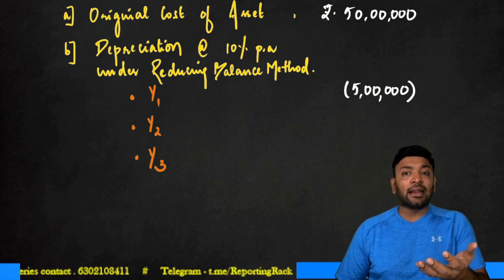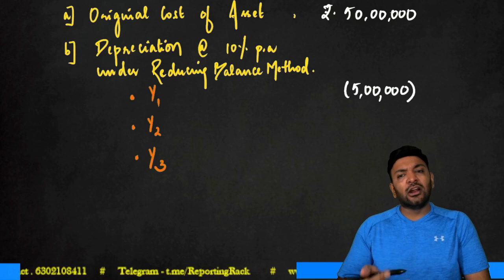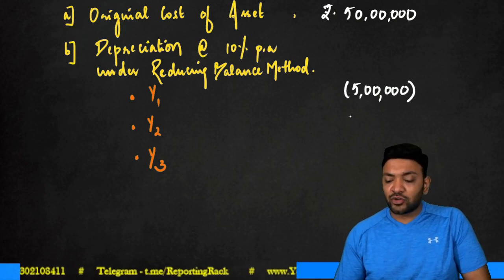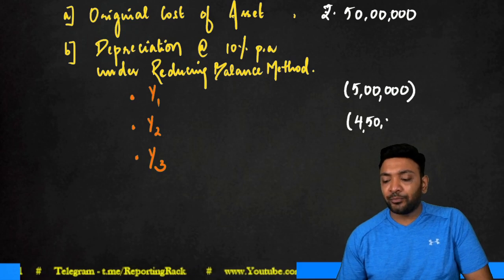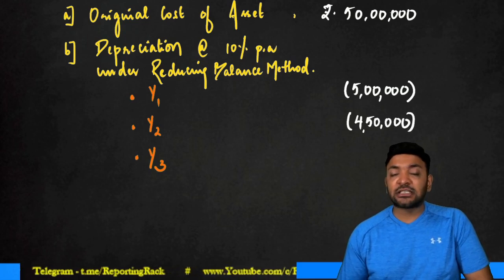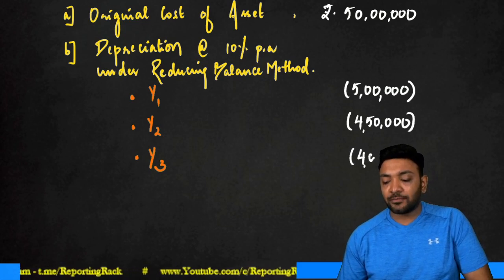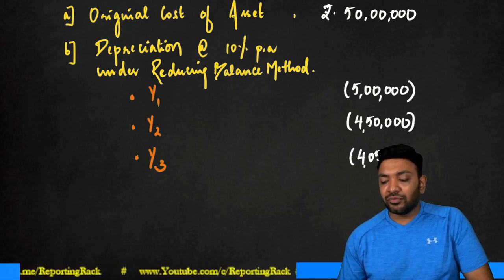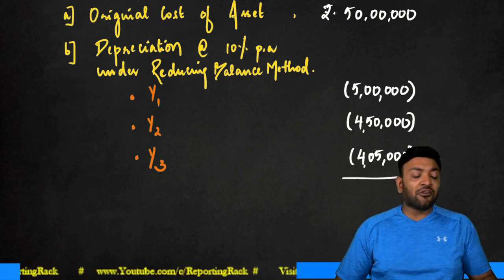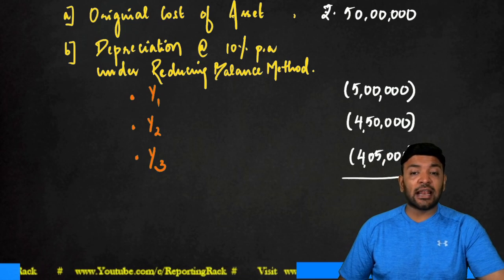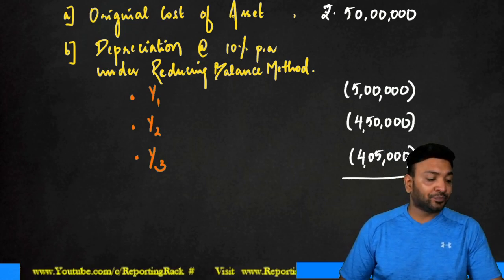Otherwise, the other way of doing it is 50 lakhs minus 5 lakhs, 45 lakhs into 10%, which still gives you the same answer. So directly reduce 10% from 5 lakhs, 4 lakh 50. Again reduce 10% from 4 lakh 50, 4 lakh 5,000. This is the depreciation for 3 years. Now find out the reducing balance of the asset after you depreciated it for 3 years.